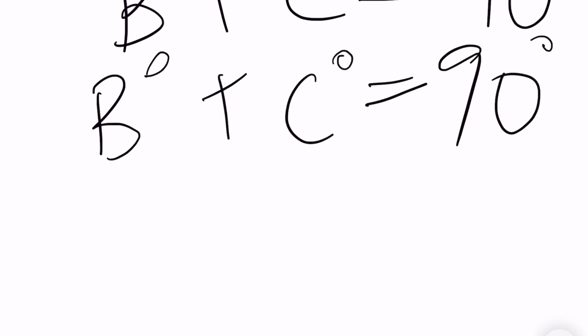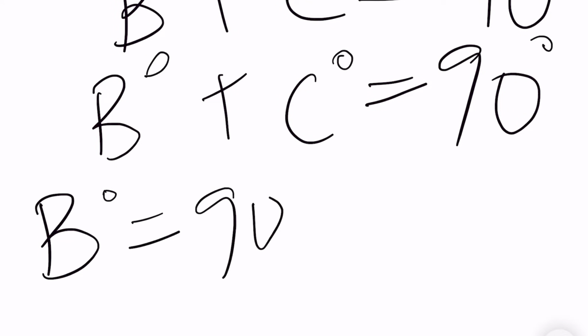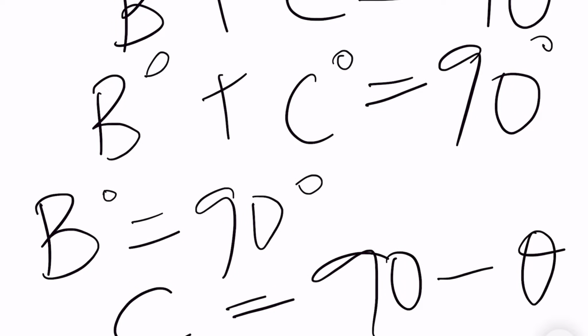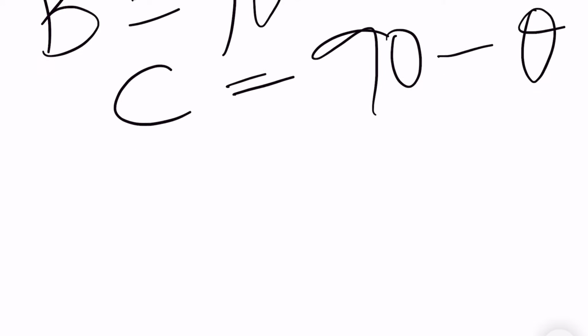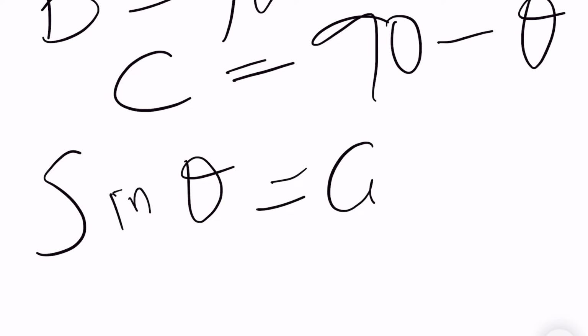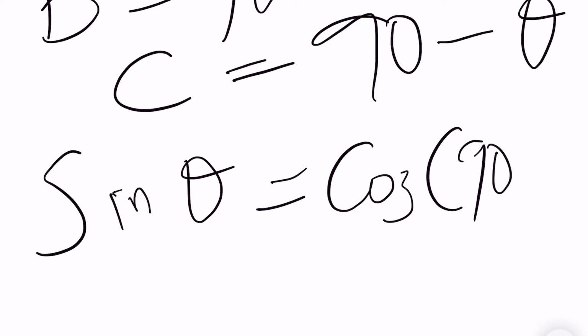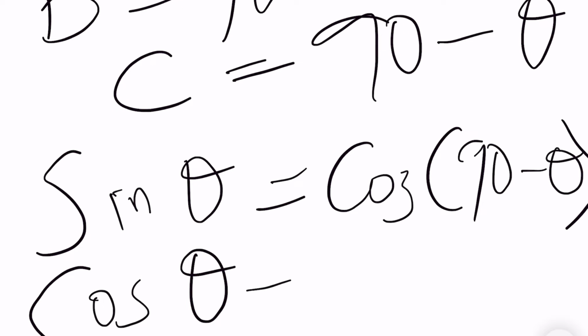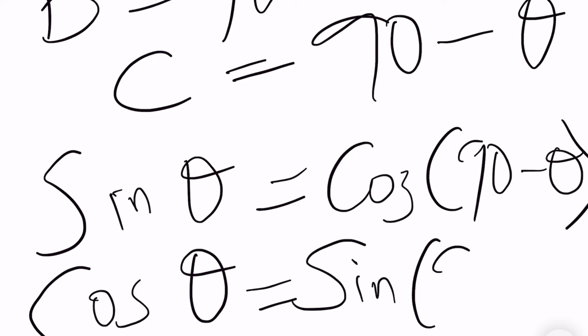Now, if B is theta, our C will then be 90 minus theta. So therefore, our sin theta will be cos 90 minus theta, and the reverse is the case, such as cos theta will be sin 90 minus theta.